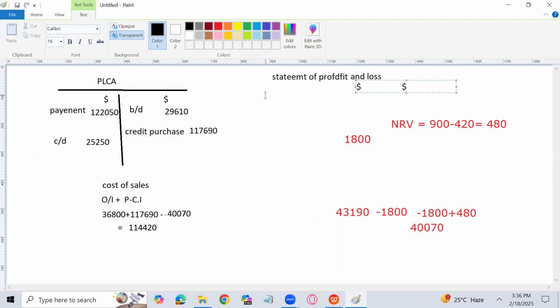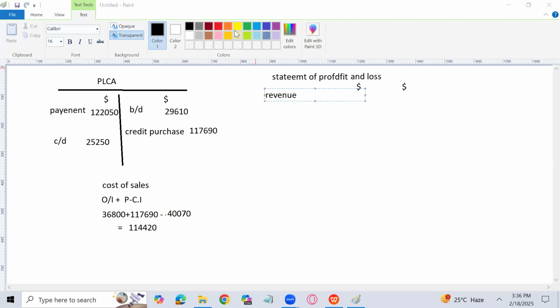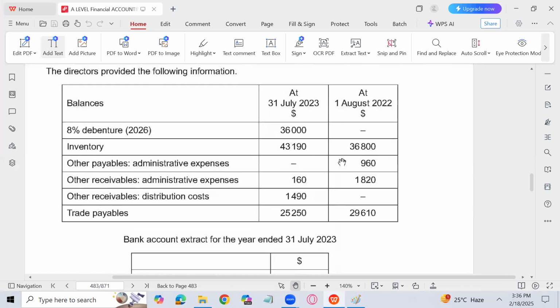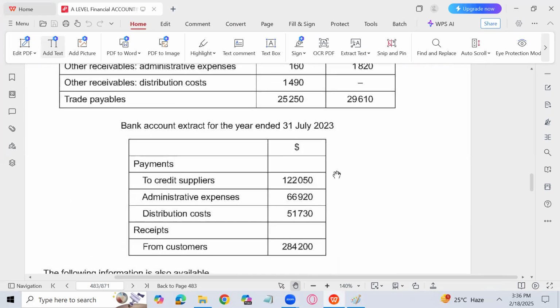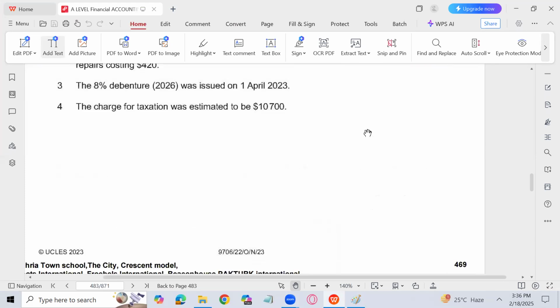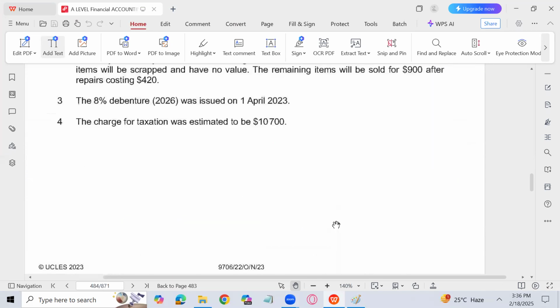So now I will start from the revenue. Now you can see that revenue is not given. Even the trade receivables at the start and at the end are also not given. So it means that whatever receipts we are getting from customers is going to be our total sales, meaning all the sales are for cash.